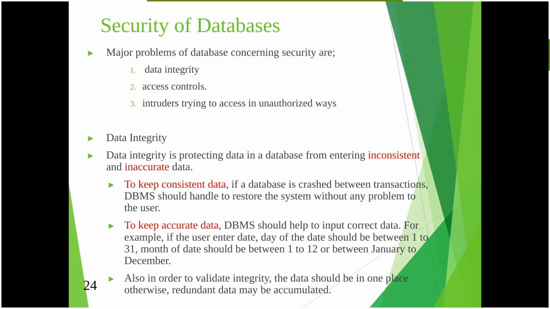If the data is available in only one place, we have to change it only there. That is called data integrity: one piece of data should be available in only one place. Most of the time, relational databases try to implement this, but sometimes they cannot. Most of the time, they can.